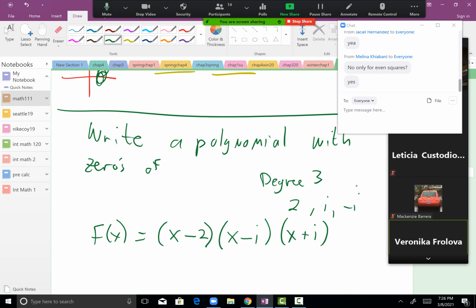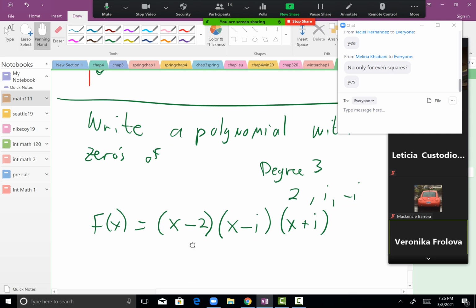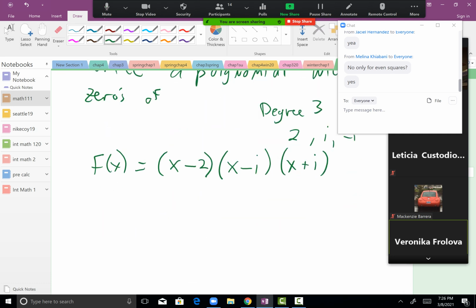If I have a plus bi, then the conjugate of that is a minus bi. Now, I'm pretty sure in Math 95 you'll learn about imaginary numbers. So if you had 95, you should have learned that, and you should have learned that this is a conjugate.